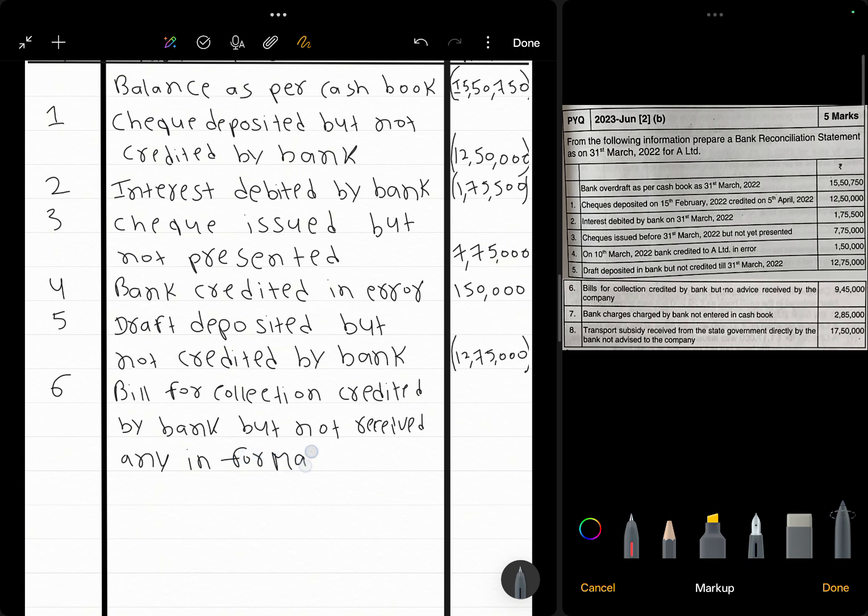So we are going to add this amount, 9,45,000.